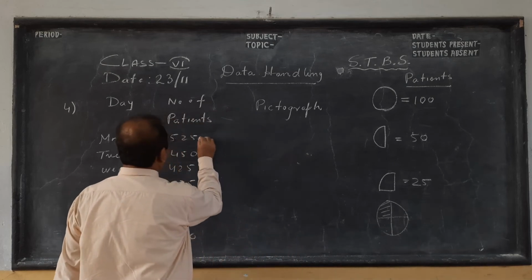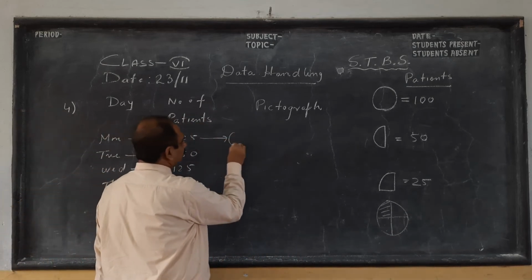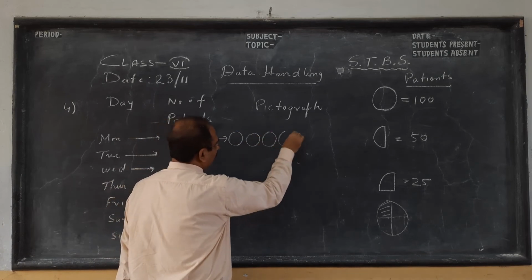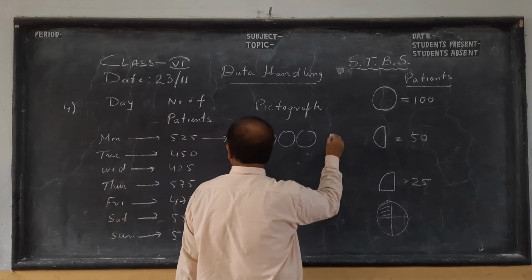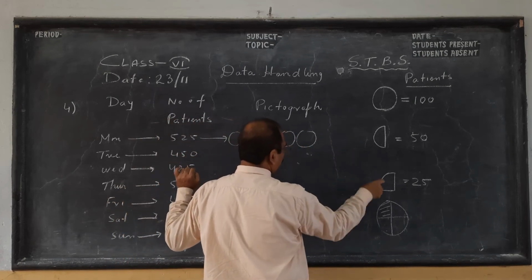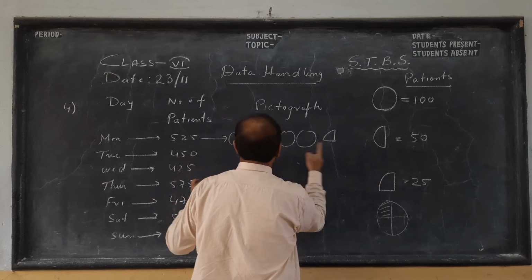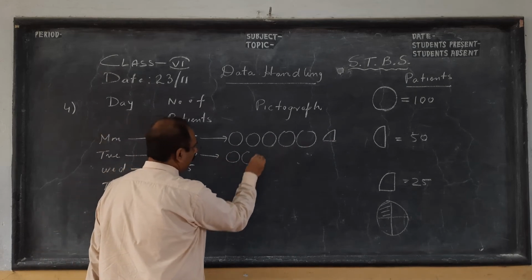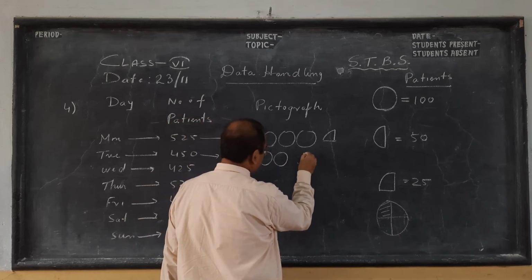So here we go. Monday we have 525. So 5 full circles. Maybe size is bigger here, but here we will have a little smaller size. 100, 200, 300, 400, 500, and 25, 1/4, children. So this is 525. 450: 100, 200, 300, 400, and 50 is like this we do.